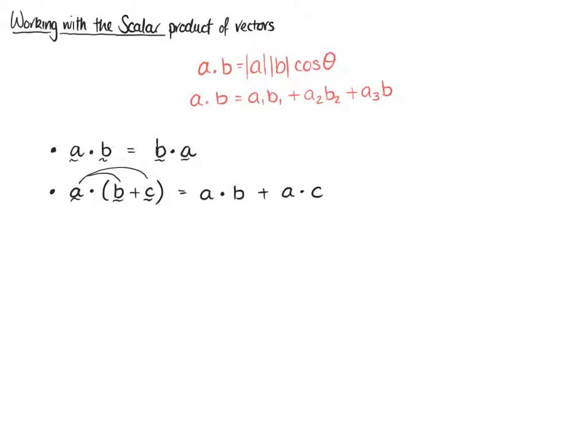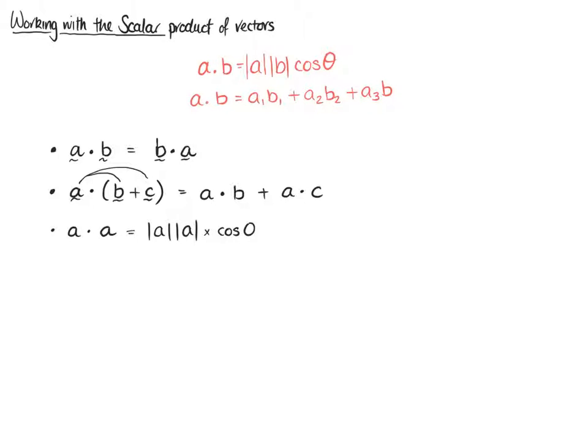And there's a third thing, which is if you're doing the scalar product of something with itself, well, we know up at the top we've got our formula. That's going to be the magnitude of A times the magnitude of A times the cos of the angle. If they're the same, it's going to be cos of 0, and the cos of 0 is just 1.